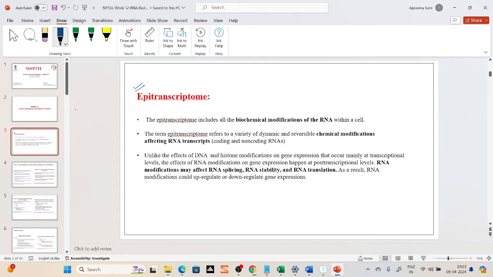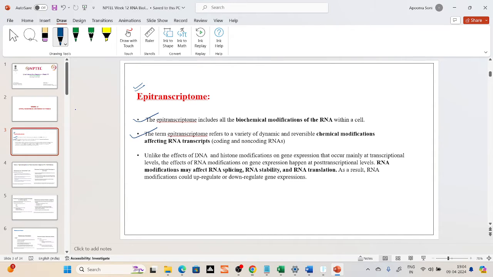That means whatever chemical modifications RNA is going through in a cell are known as epitranscriptomes, and they affect the RNA transcripts.